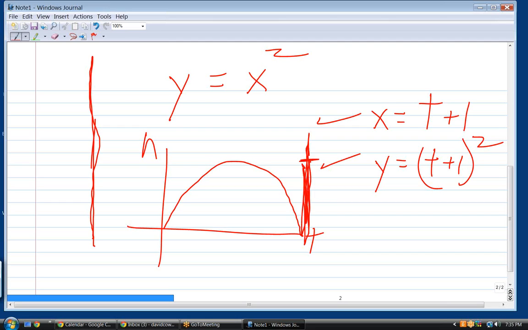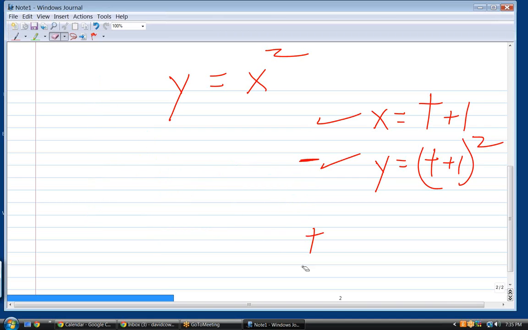Now, over here, where I said, well, let's let x equal t plus 1, I made that up, but you can do that. I could have let x equal t plus 3, and then y would be t plus 3 squared, meaning that you actually have an infinite number of parametric equations that you can turn an xy function into.